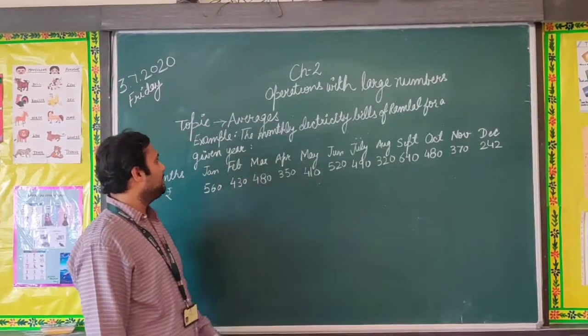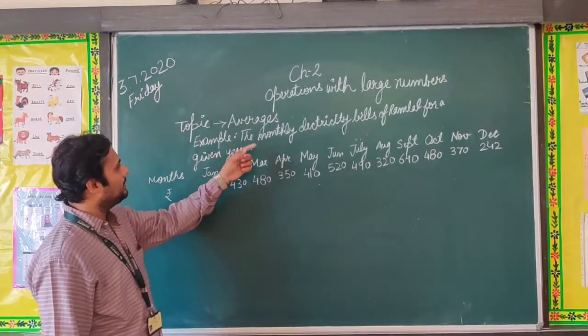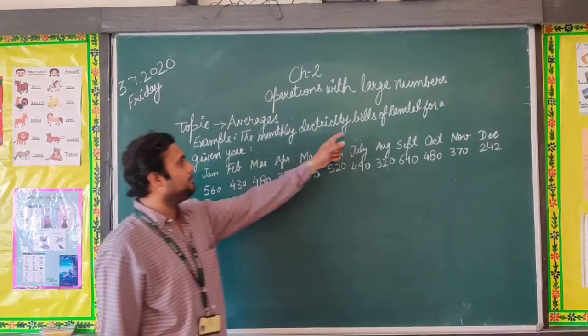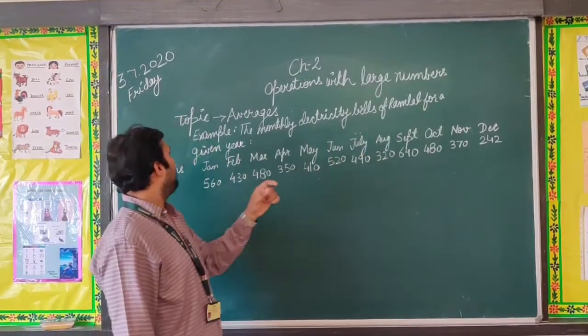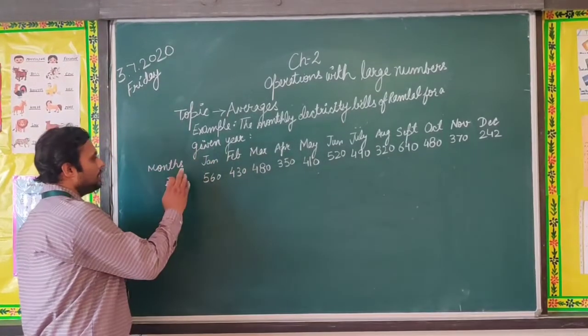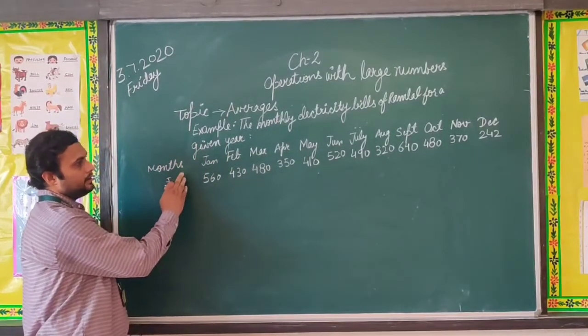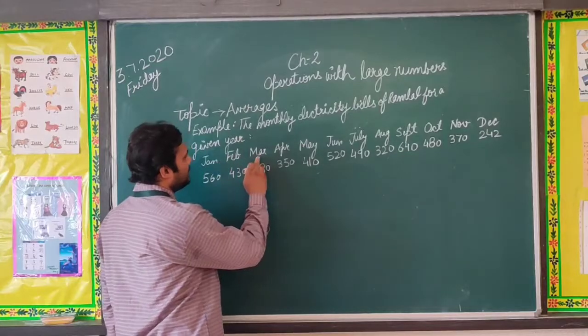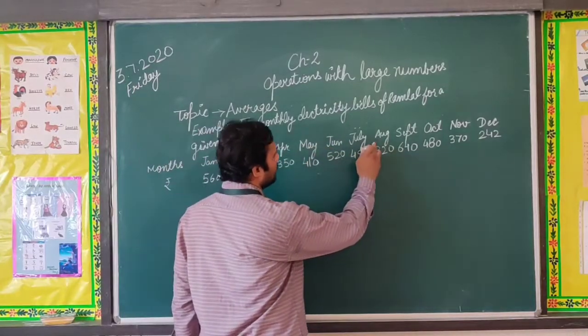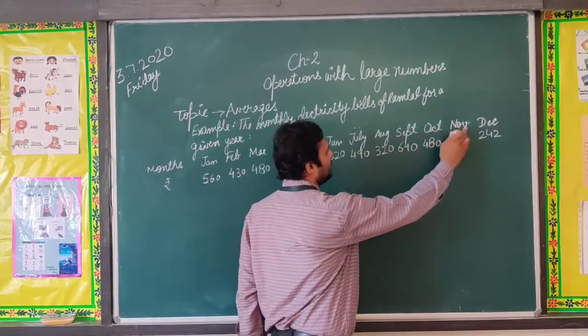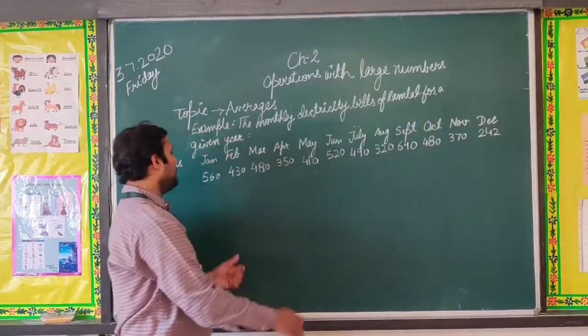Taking another example: the average of the monthly electricity bills of Ramlal for a given year. The whole year is given: January, February, March, April, May, June, July, August, September, October, November, December, and the rupees.